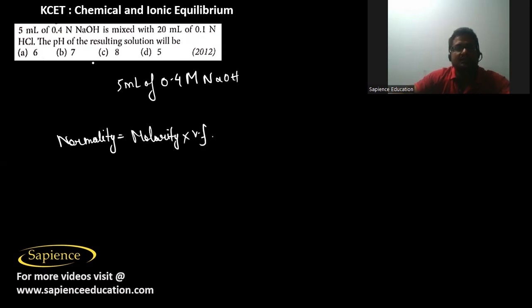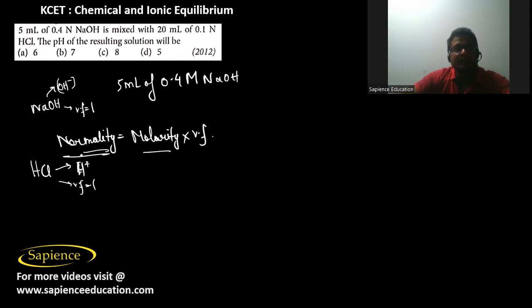Now, since from NaOH I can obtain one hydroxyl ion only, the valency factor for NaOH will be 1 only. So for NaOH the normality and the molarity will be the same. Similarly for HCl also, 1 mole of HCl will give only 1 mole of H plus ion. So its valency factor is also 1.